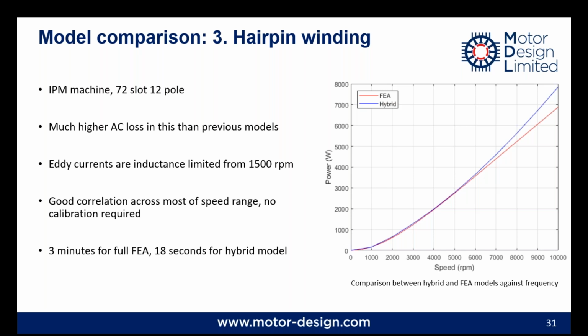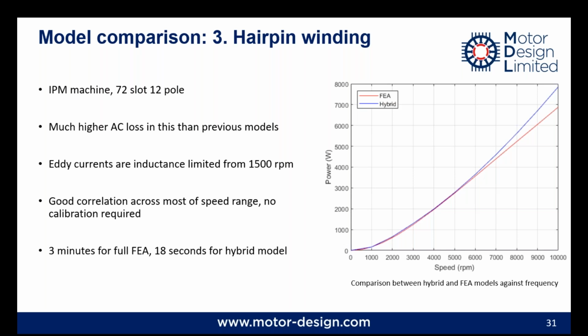That's one of the really big advantages of Motor-CAD: where you might rule something out before, you can say, yes, the AC losses are really large at high speed, but because we're only operating there very transiently, the best system solution is to use hairpin winding.